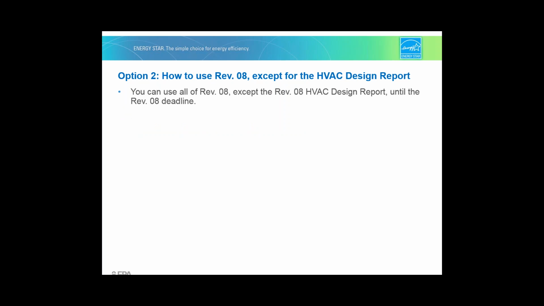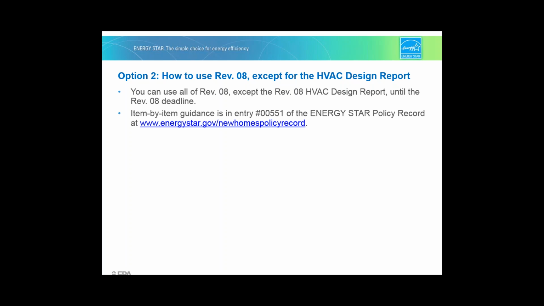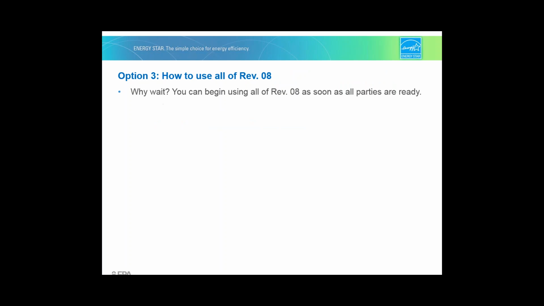So this allows you to take advantage of most of Revision 8 while giving designers more time to update their design documentation. And you can find detailed guidance about this also in our policy record by following this link. Okay, so that's the first two options.